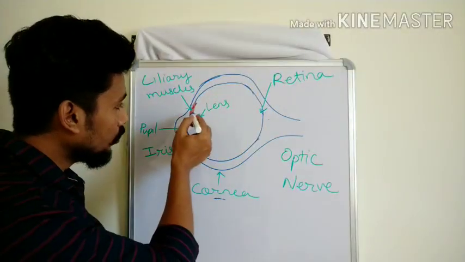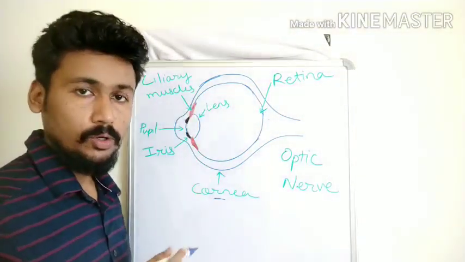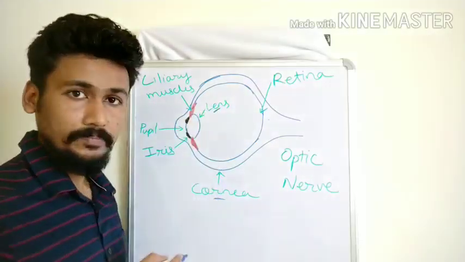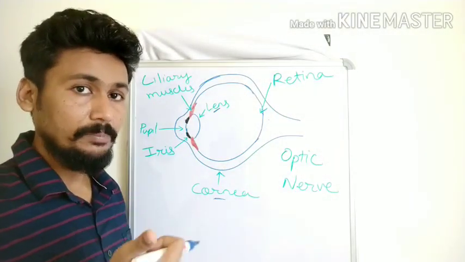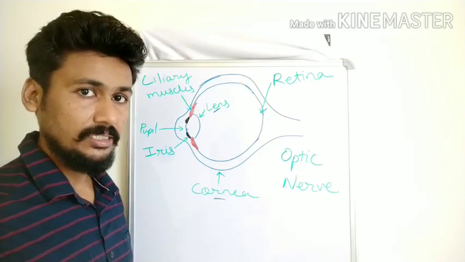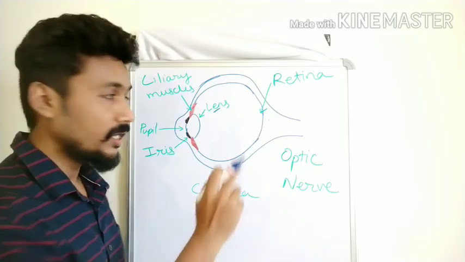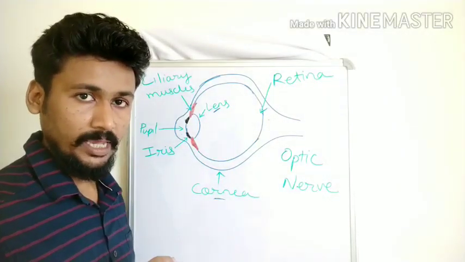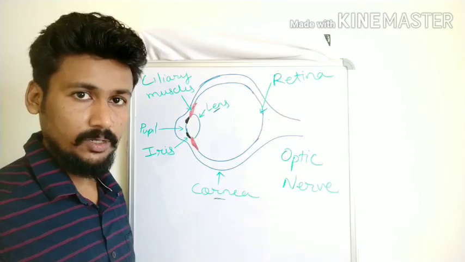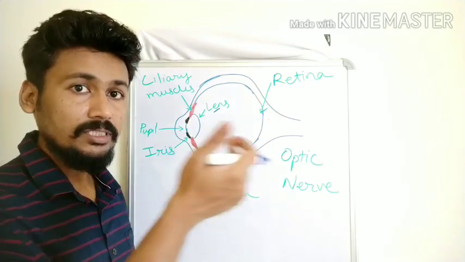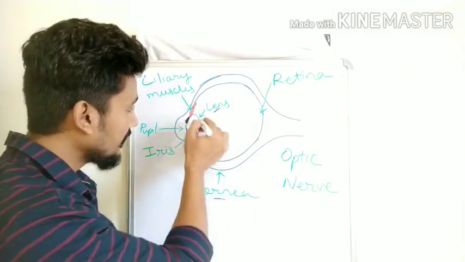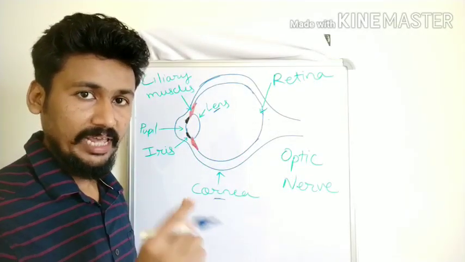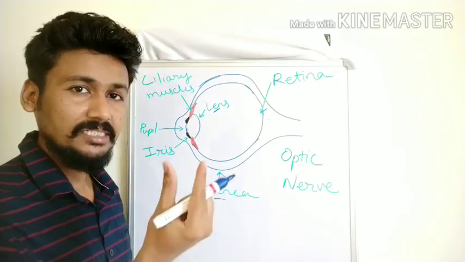Next, you will see here you have a lens. We have a crystalline lens and that is a convex lens. In the previous chapter we have seen the function of lenses. So our eye also has a lens, and the lens we have is a convex kind of lens. And you know what is the function of a lens? A lens can produce real images. This crystalline lens is transparent and it is very soft.